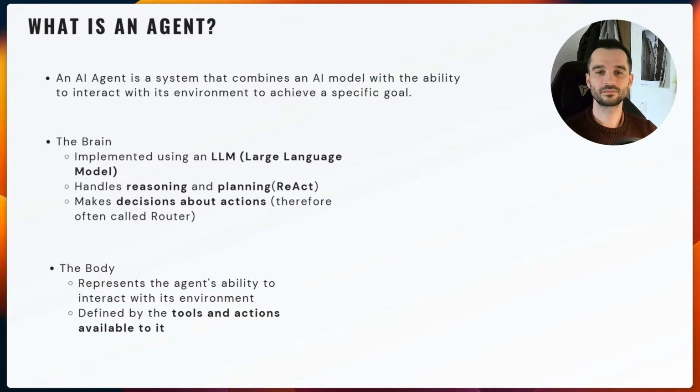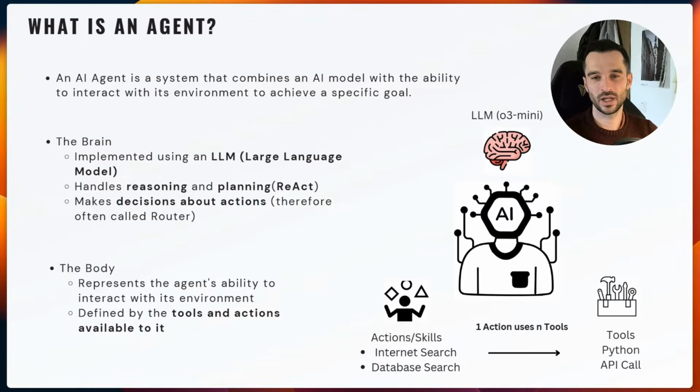And then we have the body. The body represents everything the agent can actually do, its ability to interact with the environment. And this is defined by the tools and actions available to it. Some common examples include internet search, database access, Python code execution, or code execution in general, and API calls. And there's an important relationship here. Actions, often also called skills, can utilize one or more tools to achieve the goal.